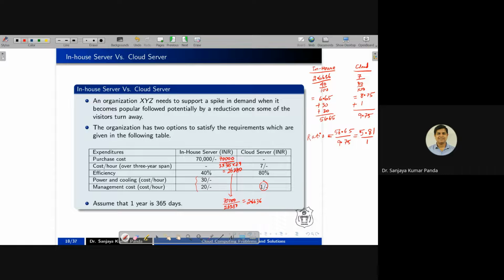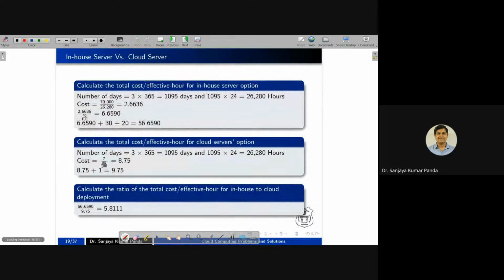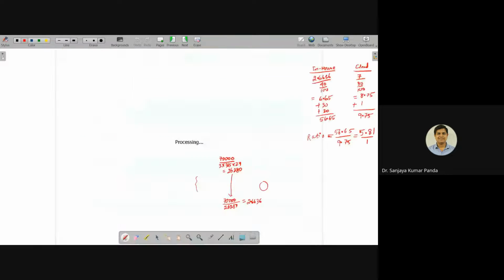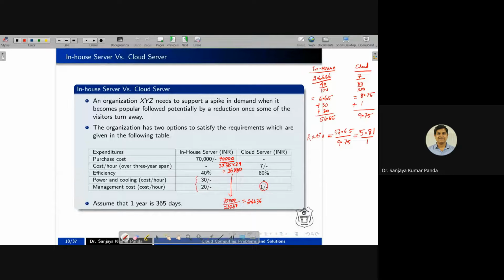Okay, I have not seen what the question is. Anyhow, we have calculated this one. Now we can increase the efficiency to a larger number. Either we can increase the efficiency of the in-house server, or we can decrease the efficiency of the cloud server.